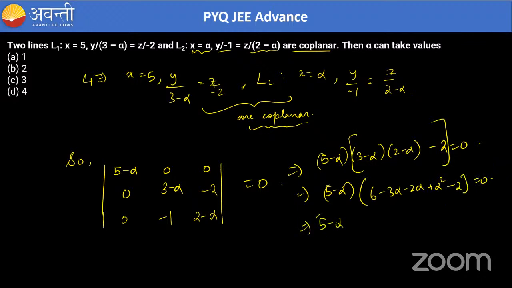So this will become 5 minus alpha, alpha square minus 5 alpha plus 4 equals to 0.